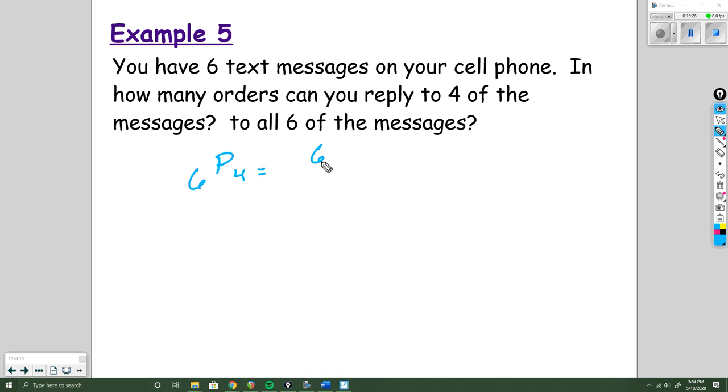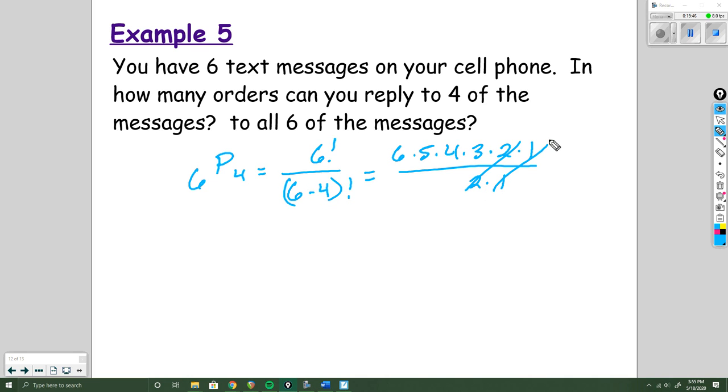That would be 6 factorial over 6 minus 4 factorial, which is 6 times 5 times 4 times 3 times 2 times 1 over 2 factorial, which is just 2 times 1. Obviously, the 2 and the 1 cancel out here, so we really just get 6 times 5 times 4 times 3, which is 360.